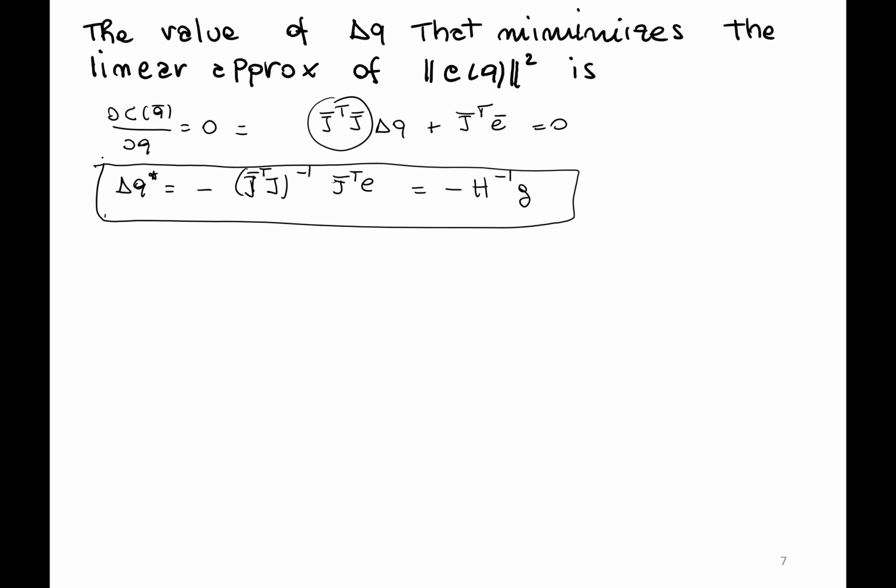The Hessian can be not invertible. Yeah, exactly. The Hessian can be not invertible. So there's a mess here.